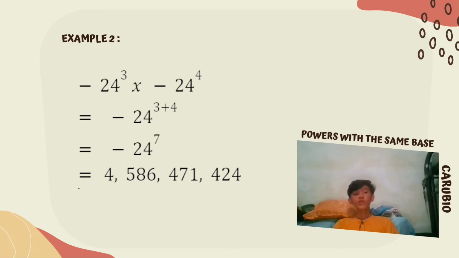To solve this, add the exponents, so this will be negative 24 to the power of 3 plus 4, which is equal to negative 24 to the seventh power. The final answer is 4,586,471,424.